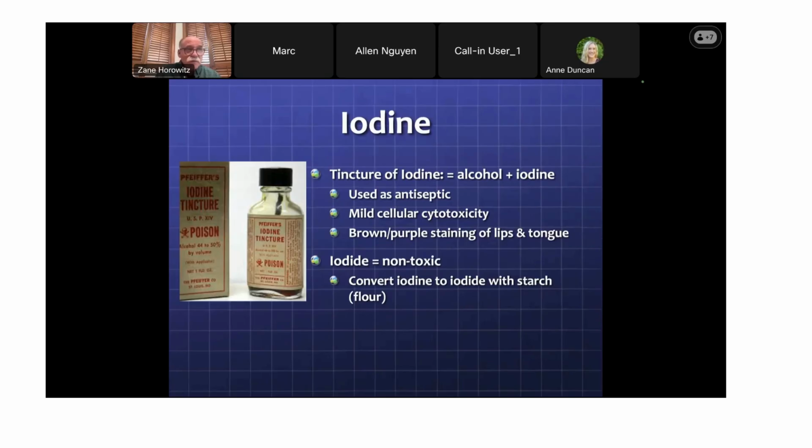You can literally have someone go down to the hospital kitchen and send up a cup of flour, mix it up in a slurry of water, and have them drink it. Usually it turns the vomit a brownish, purplish color with the iodide in it, but the iodide is not tissue toxic.